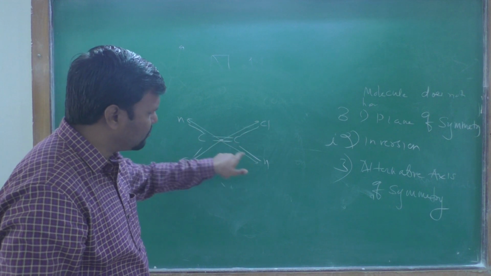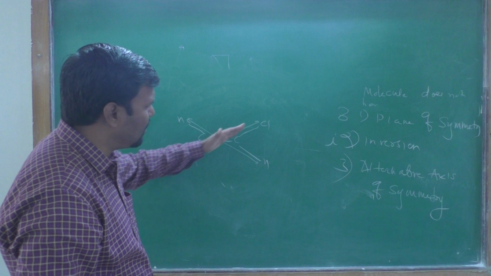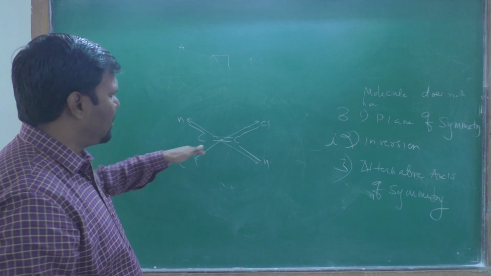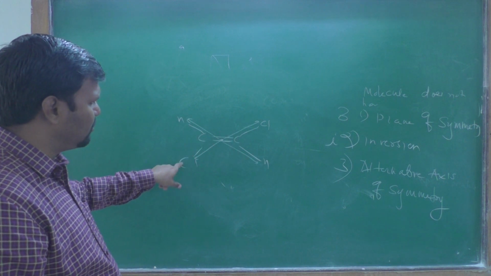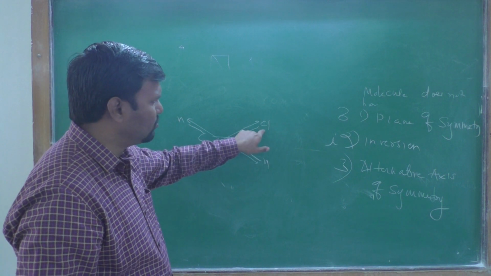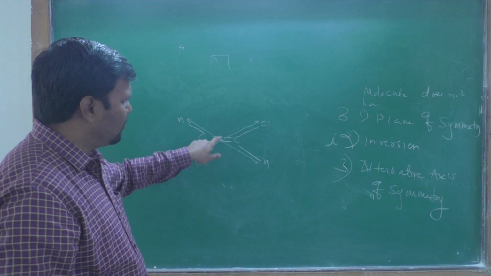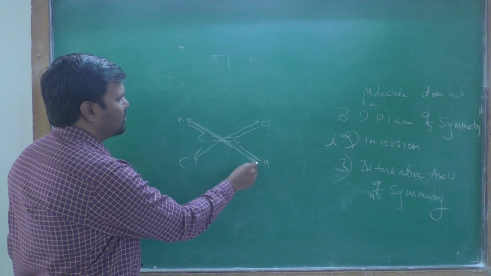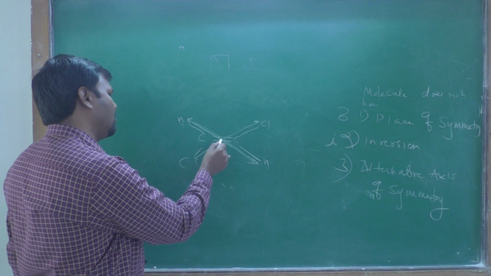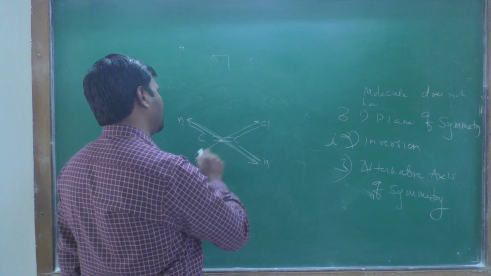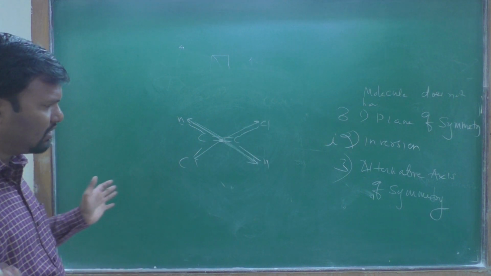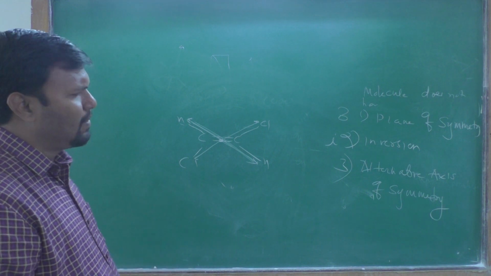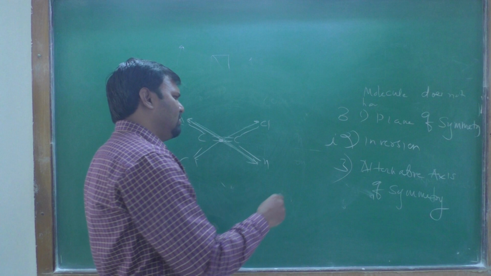Through the center you draw a straight line and move opposite along it, through that imaginary center, and you obtain the same atoms or groups. In this direction you obtain the same chlorine, in the opposite direction the same chlorine, and likewise hydrogen. Through that spot you move in two opposite directions and obtain the same atoms or groups. That is nothing but inversion, and it is denoted by i.